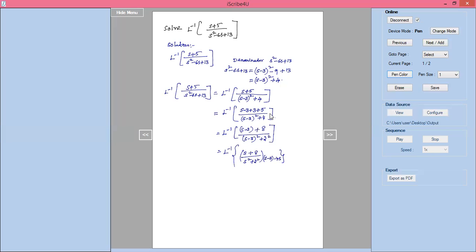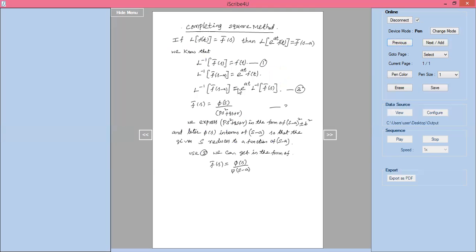Now, for the s minus 3, we already know the formula I told previously: L inverse of f bar of s minus a is e power at. What is that a?